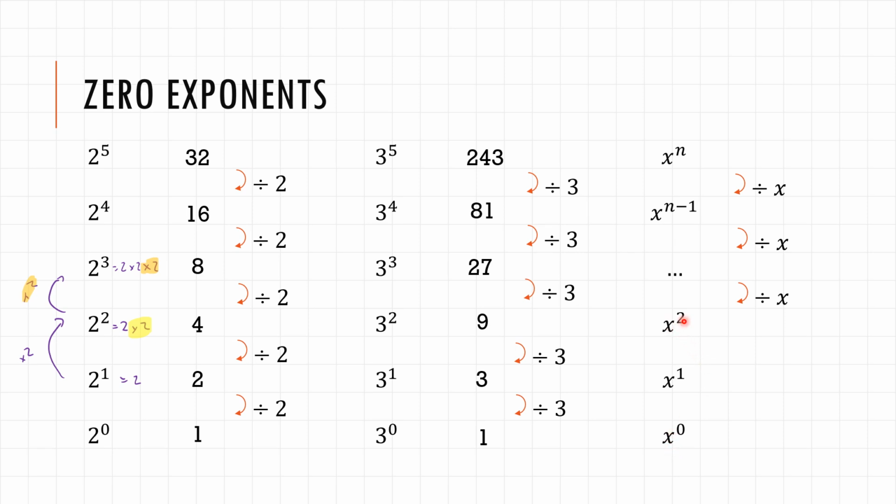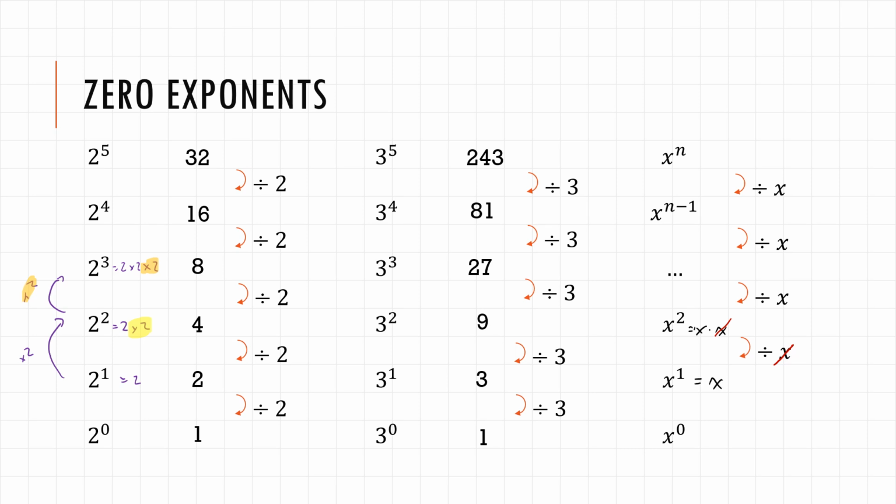So now let's see. x to the power of 2 is x squared. So that is x times x. x to the power of 1, well, if I divide this by x, then this x and this x will cancel each other out. And I'll be left with just a single x. And that's what x to the power of 1 is equal to, right?